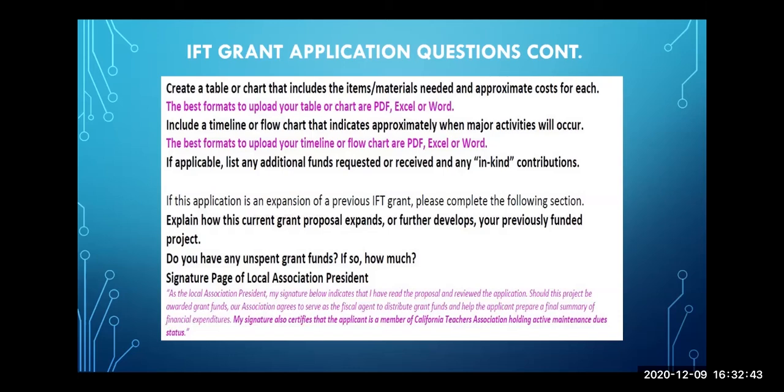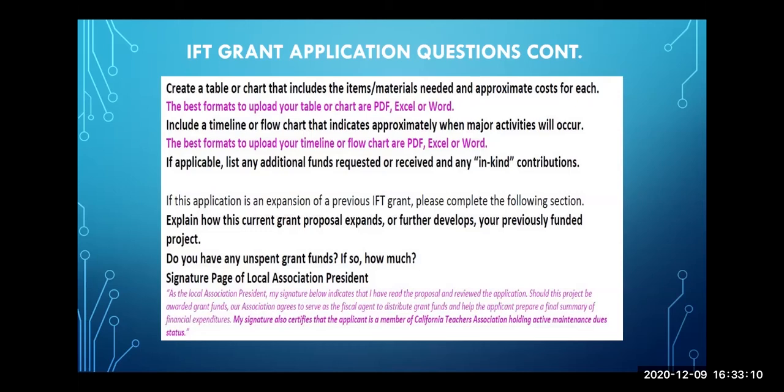Do you need any kind of consumable items? Everything that you are going to need, and everything that's going to be included in your budget, needs to be on this table or chart. And we do prefer that you submit them in a PDF, Excel, or Word. It makes it much easier for us to pull those items down and upload them to our database.